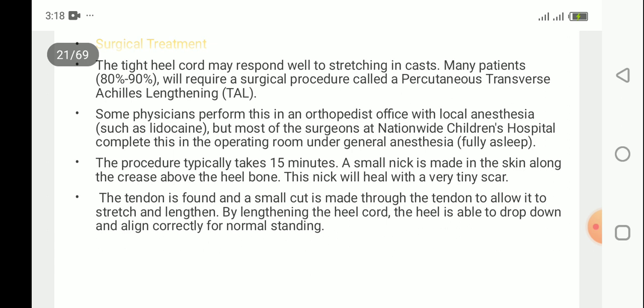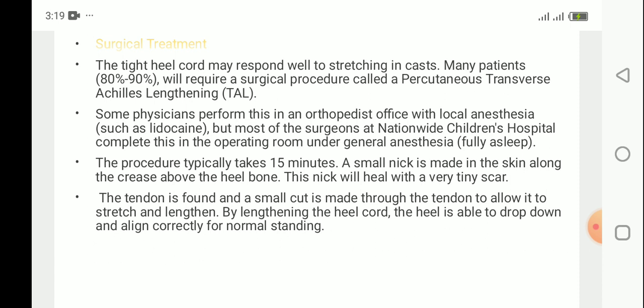Coming to the surgical treatment, usually 80 to 90% of patients will require a surgical procedure that is known as percutaneous transverse heel cord lengthening. Some perform this under local anesthesia, and some others perform it under general anesthesia, because under general anesthesia the baby will be calm, quiet and stable, and it is easy for the doctors to perform.